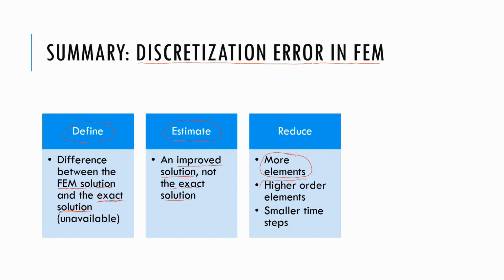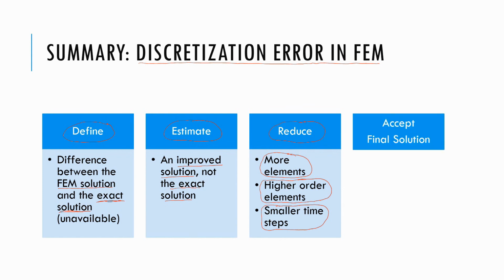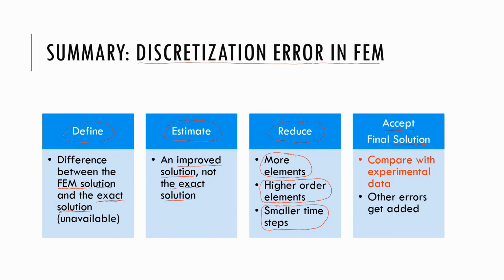And the other choice is to use higher order elements and then smaller time steps for a transient calculation. So those are the ways we reduce the error. And then the acceptance of the final solution, however, is dependent on how it compares with experimental data.